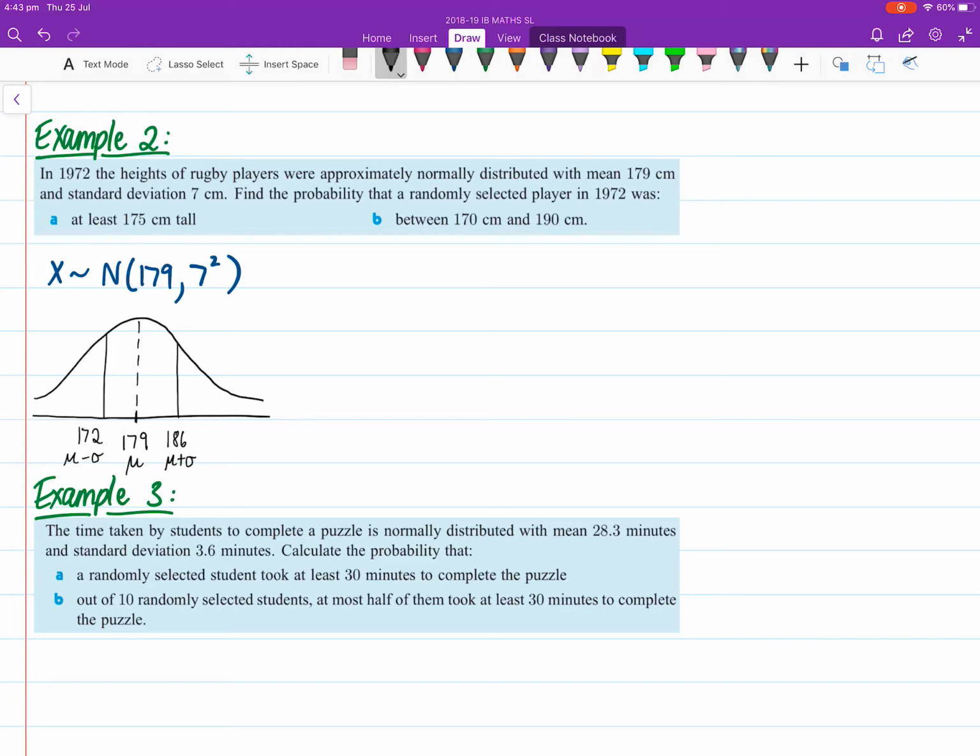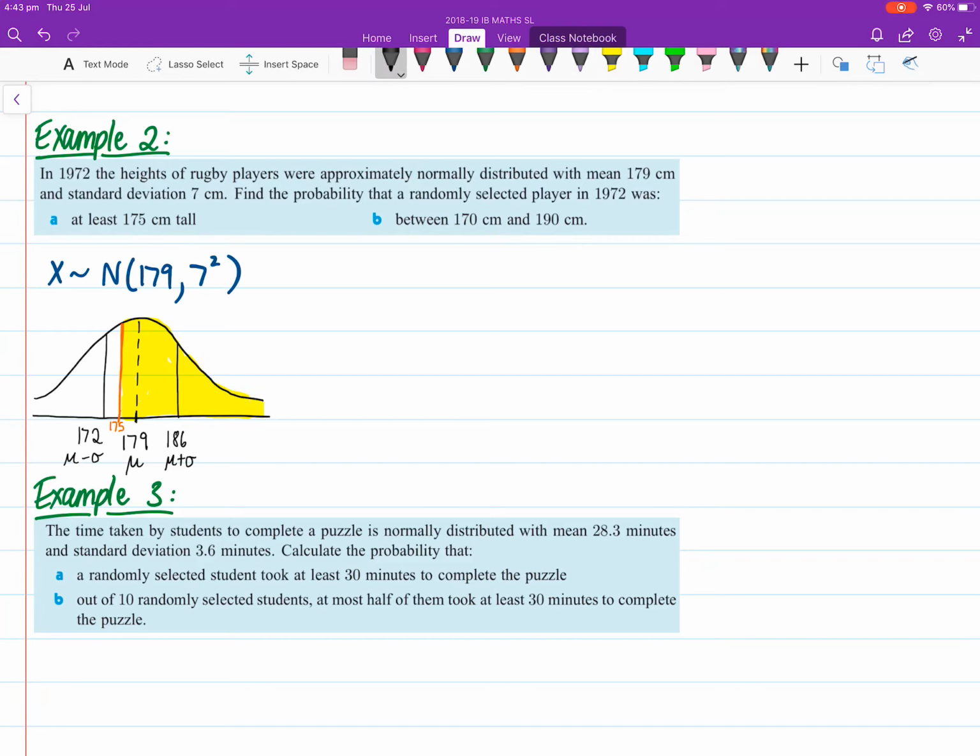And so if I want the probability that a randomly selected player is at least 175 centimetres tall, 175 centimetres is somewhere here. So he's got to be at least that tall. That means he's that height and taller. So that means all of this. So you just got to put that in the calculator.